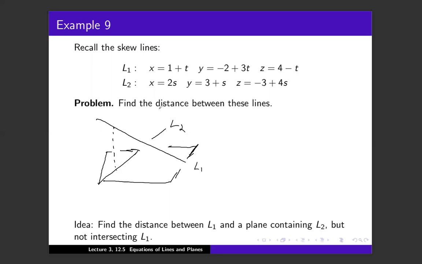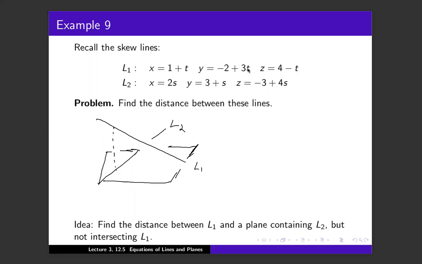So that's what we're going to try to do. We're going to find this plane that contains L2, and we're going to find the distance between this plane and L1. This is the image that we should have in our minds at this point.